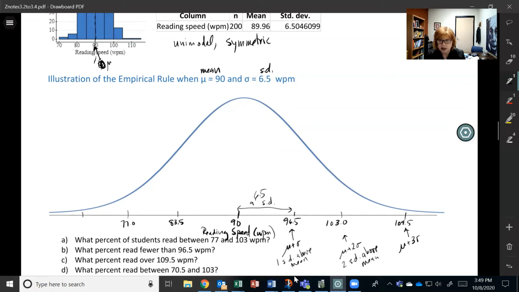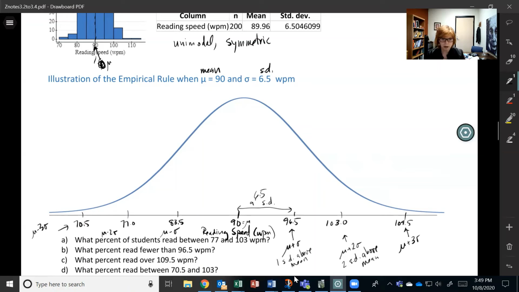And then another 6.5 gives me 70.5. So this is mu minus 3 sigma, this is mu minus 2 sigma, this is mu minus sigma, and 90 is mu.